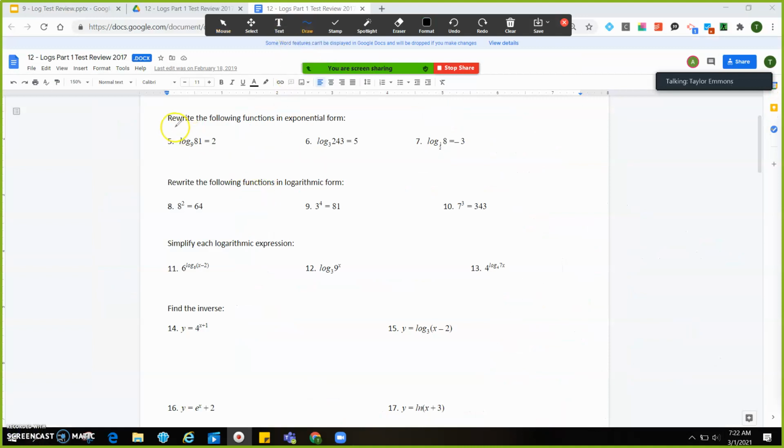So this one says rewrite the following function in exponential form. Remember, when we write this in exponential form, we're going to start with our base, go to the outside, and then finish over here. So we've got 9 to the second power equals 81.